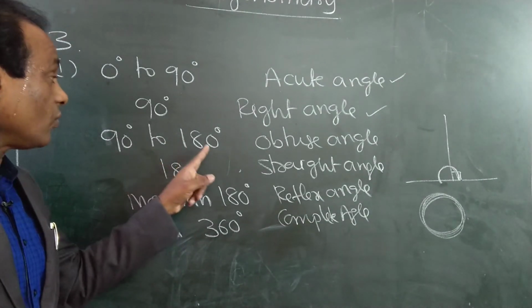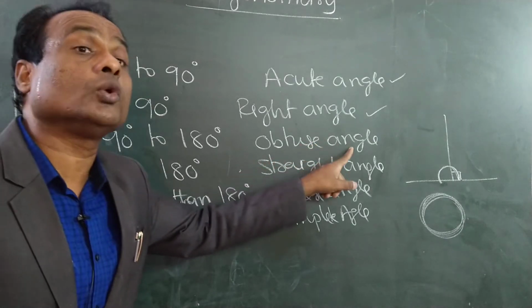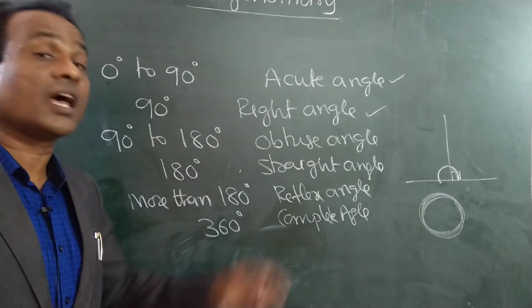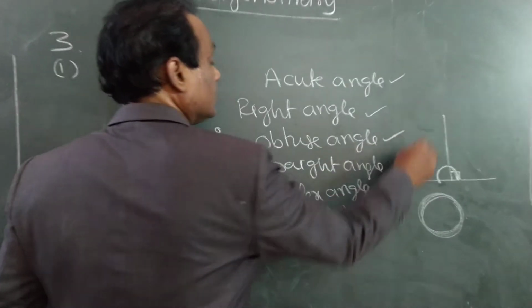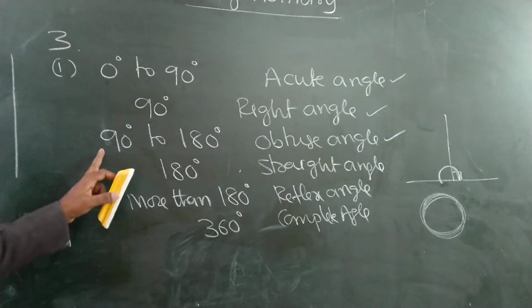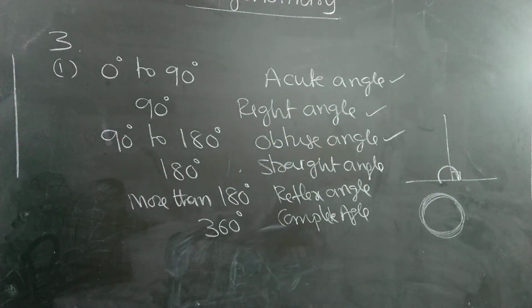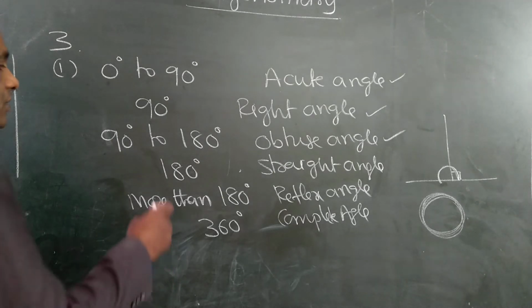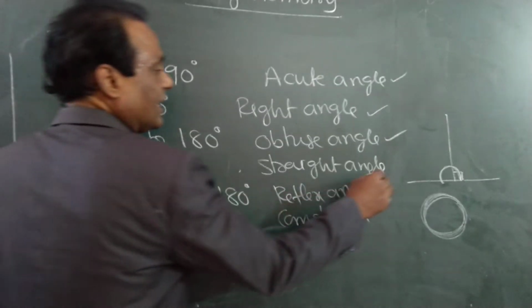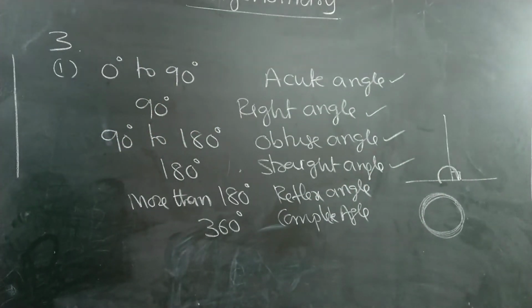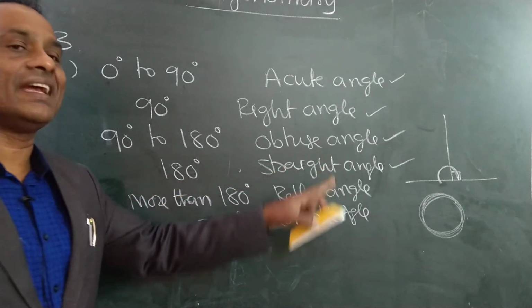90 degrees to 180 degrees is called obtuse angle. 180 degrees is called straight angle.